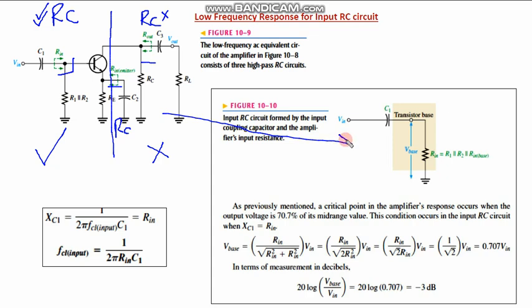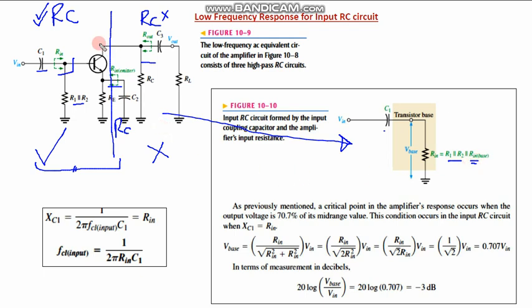Now this part is the equivalent circuit of the input of this circuit portion. This is C1, and I can combine R1 and R2 with another resistance, which is known as R in base.